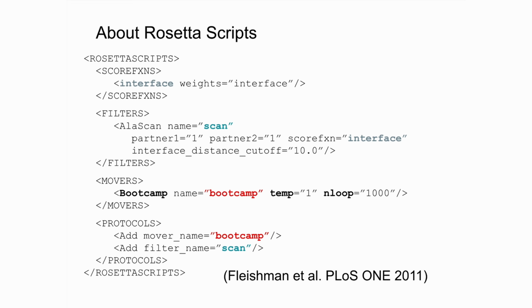So then how does your mover get called in RosettaScripts? You should be a little bit more familiar with RosettaScripts from the last lab. So here, if we had the bootcamp mover, then we would call that in the mover section and add that to our mover name.